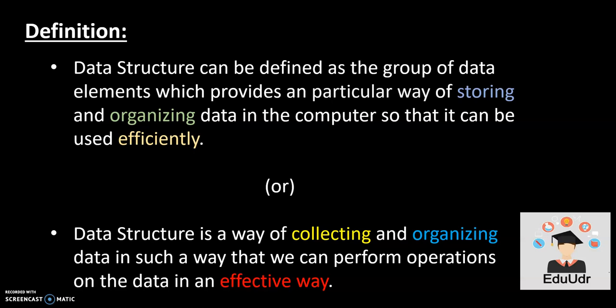As I said earlier, data structure is defined as storing, retrieving, and organizing the data such that we can perform some operations on that data in an efficient way. This is the definition of data structure.